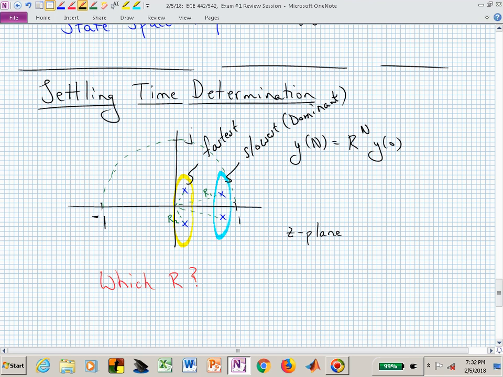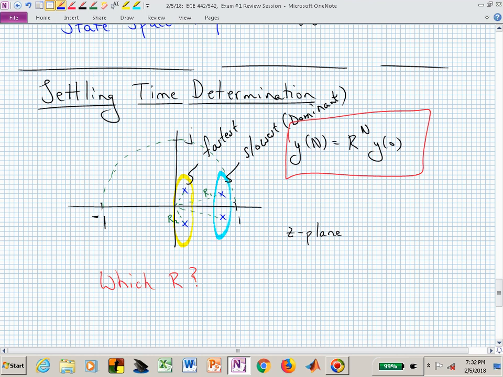So now, which R do I pick when I want to apply this formula to this fourth order system? Which R do I use? You want the one that's dominating your response, right?